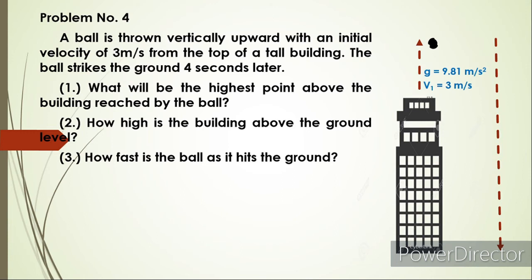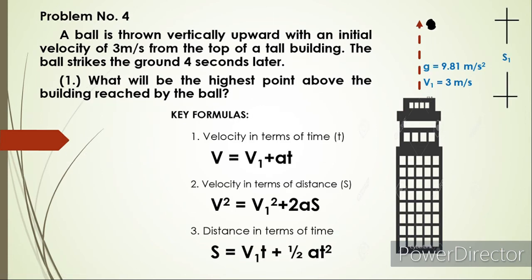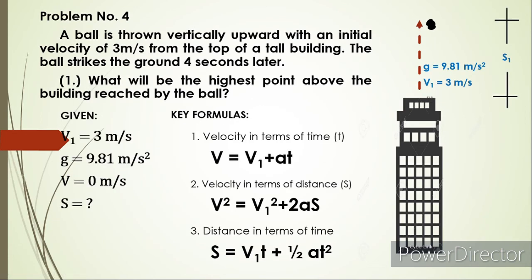So, question number 1, what will be the highest point above the building reached by the ball? So, gaano kataas mula doon sa top ng building na ihagis yung bola or yung naabot ng bola nung hinagis siya? So, V1 is equal to 3 meters per second, gravitational acceleration which is 9.81 meters per square second.